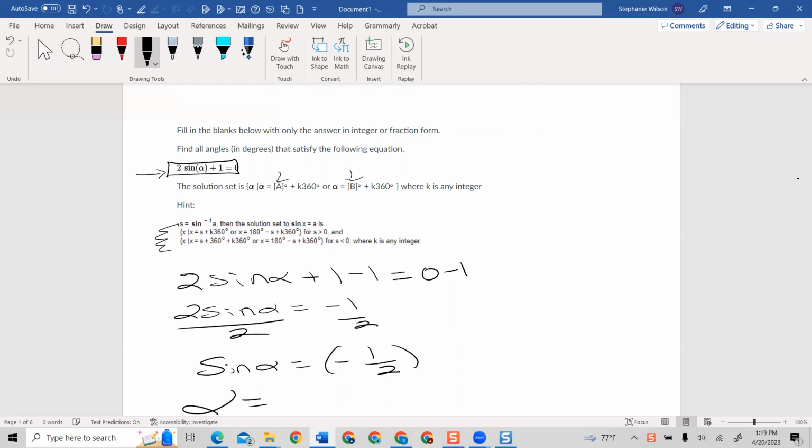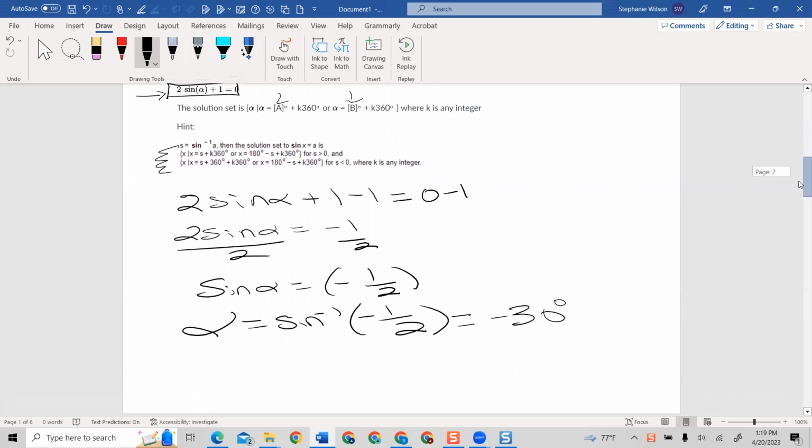Take the inverse of sine. Now that I've taken the inverse of sine, let's put it in our calculator again. Make sure you're in the right mode. Each question may ask for something different. So it gives me -30 degrees. All right, we're almost there.